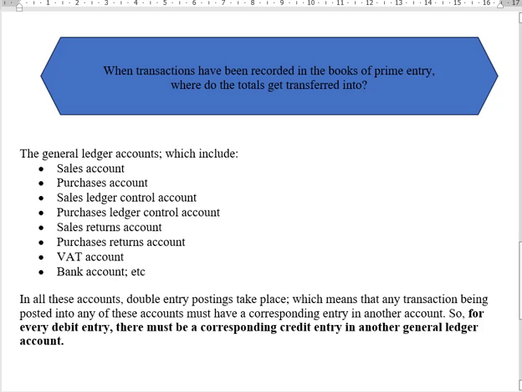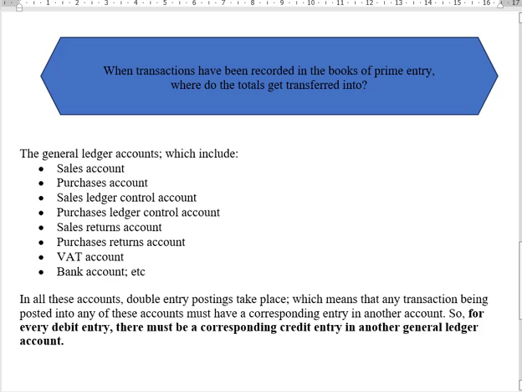There are so many different ones: all your assets, all your liabilities, your loan account, your debtors account, your creditors account, as the name may be called, your stock or inventory account. All of those are general ledger accounts. Once you have posted transactions into the books of prime entry, they get transferred into the relevant ledger account.